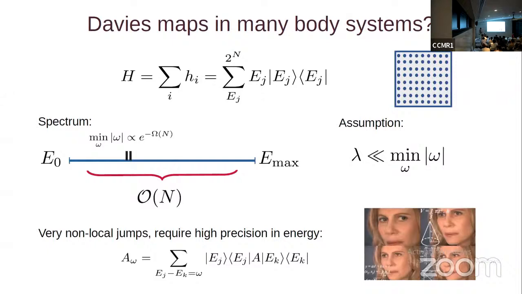And it requires a lot of precision in energy if you would actually want to implement this on a quantum computer. So it's kind of difficult to simulate these Davies generators. And the fact that the jumps are very non-local makes it difficult to analyze them and get rigorous results on, let's say, how long it takes to thermalize for these Davies generators.